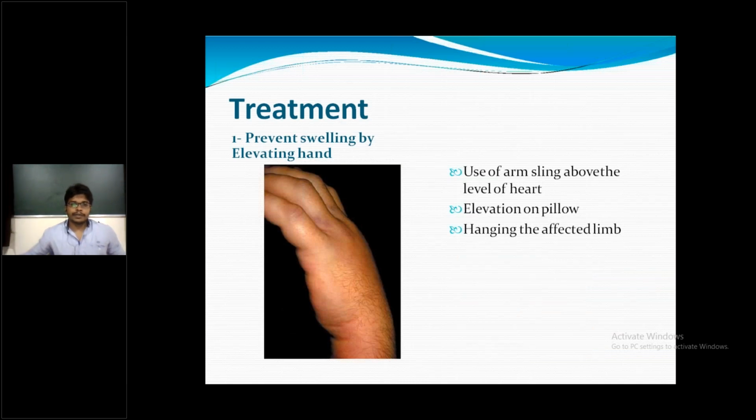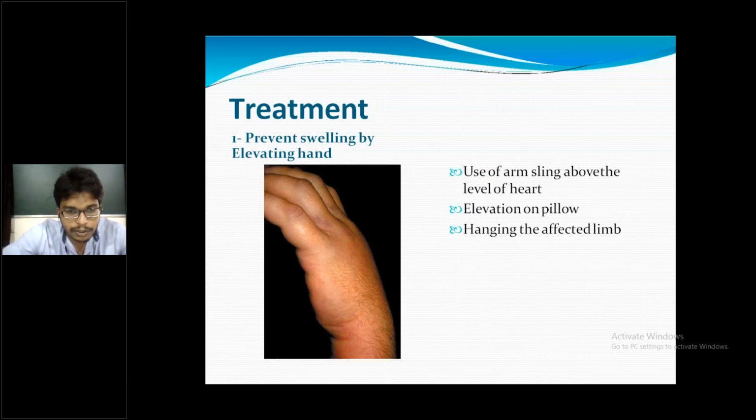Treatment. Prevent swelling by elevating the hand. Normally you let the hand hang free, but in these infections, if you leave it like this, venous drainage will be hampered and the hand gets swollen.